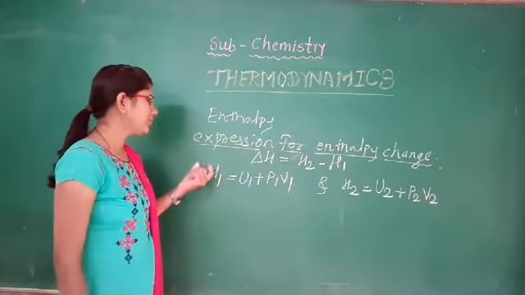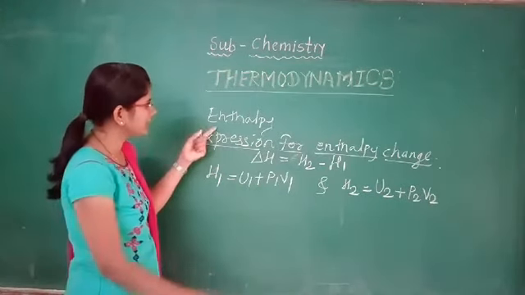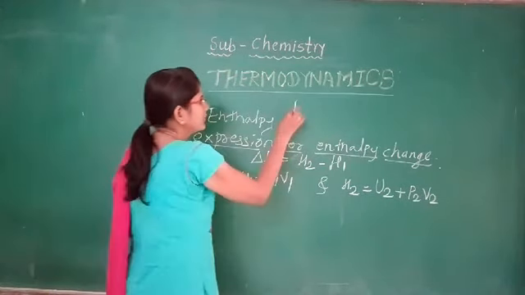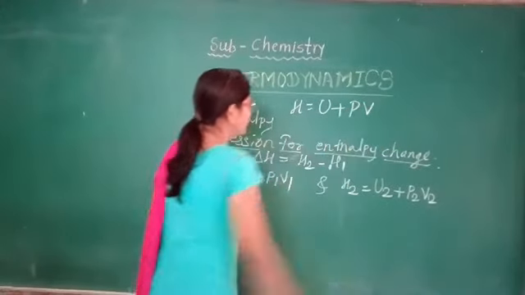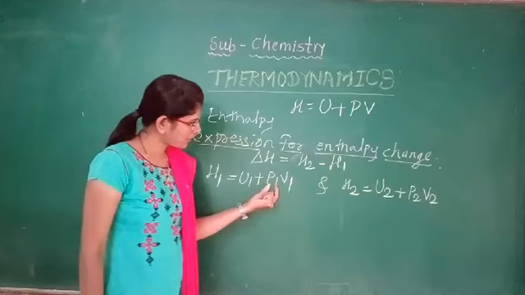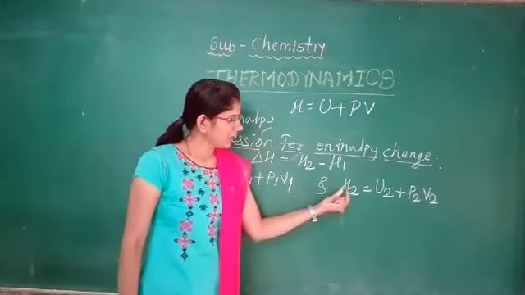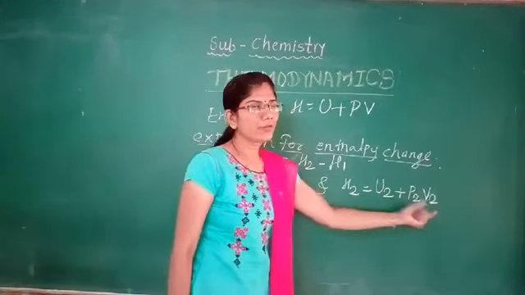As we know H is equal to U plus PV, and therefore H1 is equal to U1 plus P1 V1 and H2 is equal to U2 plus P2 V2.